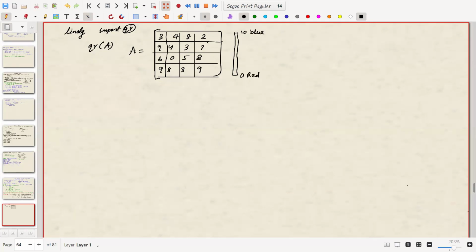The colors will be scaled from red to blue. So you can now think that 9 will look very bluish, isn't it? 0 will look reddish. 5 will look somewhat 50% blue and 50% red.